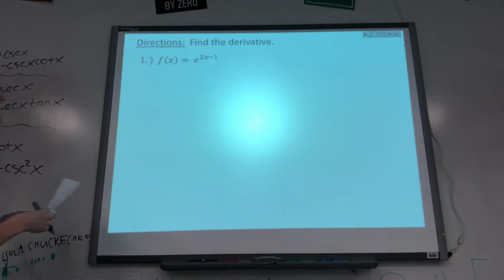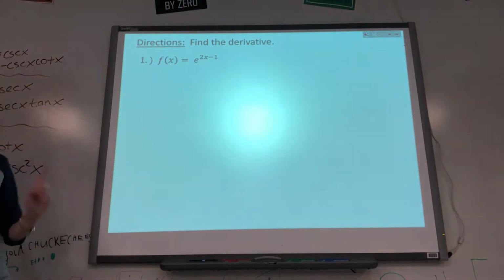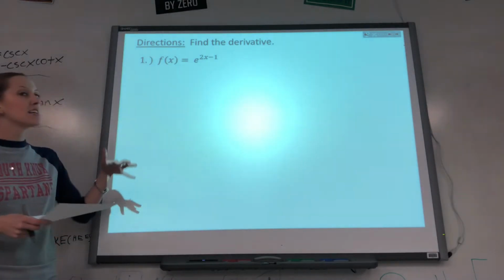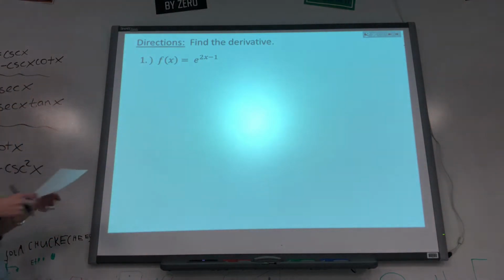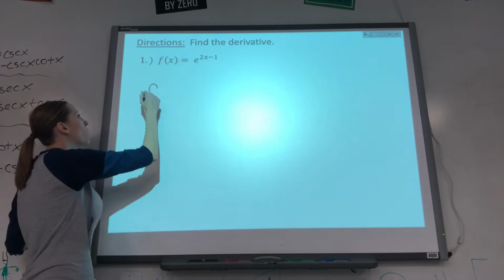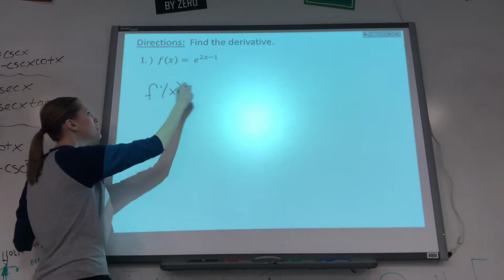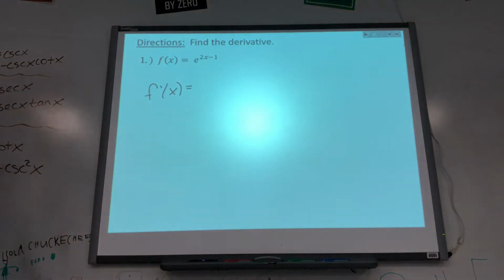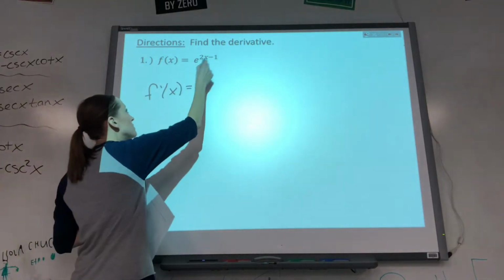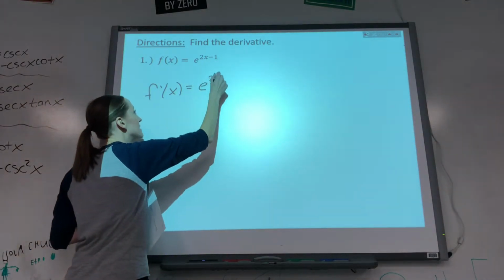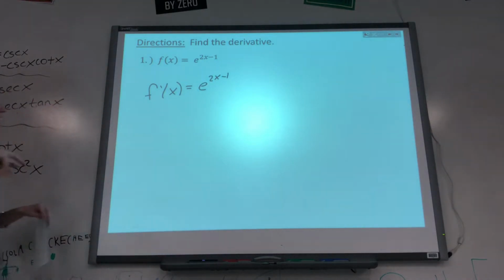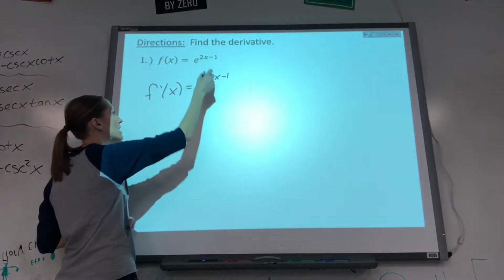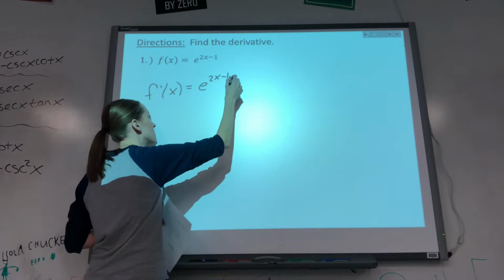It's not e to the x, it's e to the 2x minus 1. A little bit different. So when I go to find the derivative, remember the formula said you start out with exactly what you started with. So the very first thing I'll do is basically just recopy what they gave me.